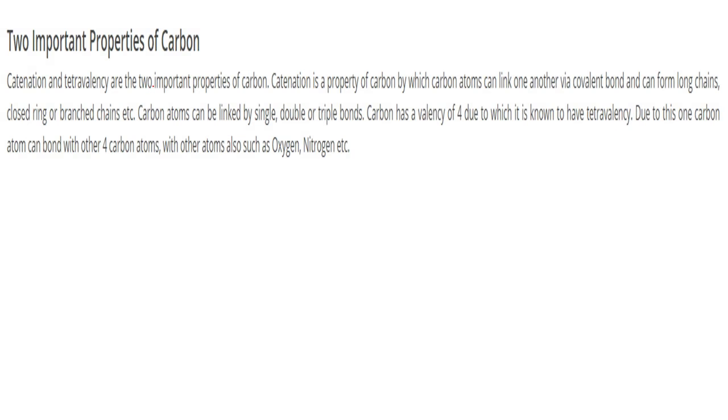Two important properties of carbon: one is catenation, the other is tetravalency. Tetra means 4, so tetravalency. Catenation is the property of carbon by which carbon atoms can link one another using covalent bonds, and it can form long chains, closed rings, and branched chains.